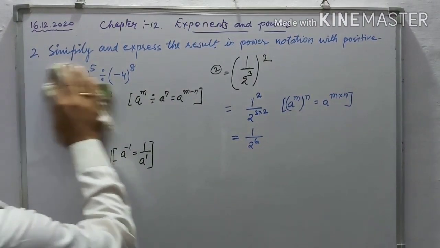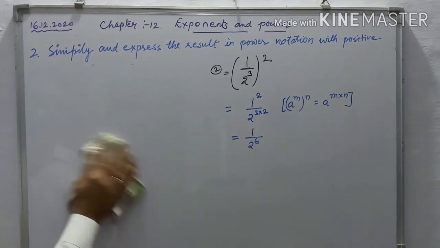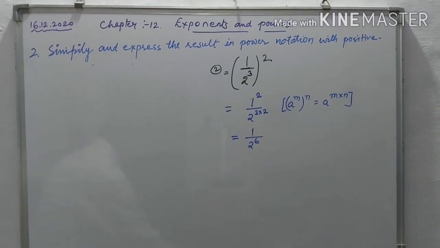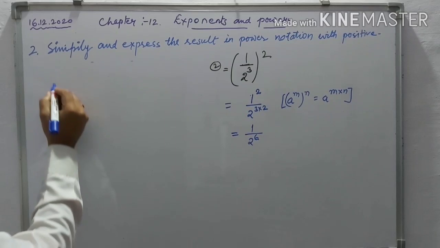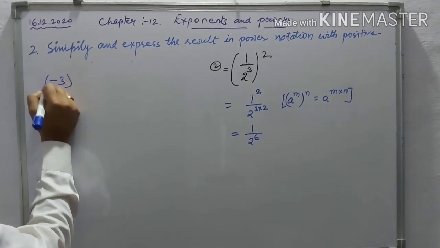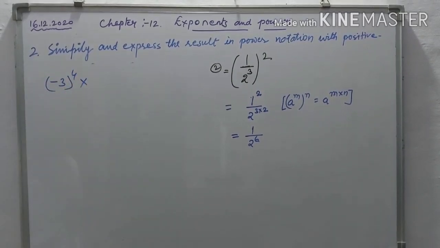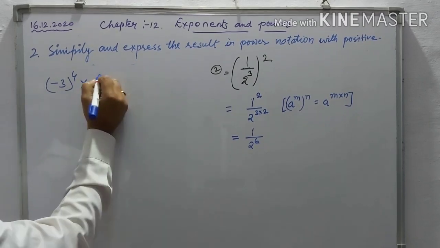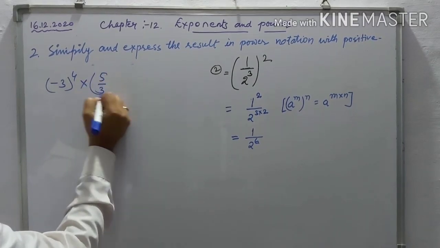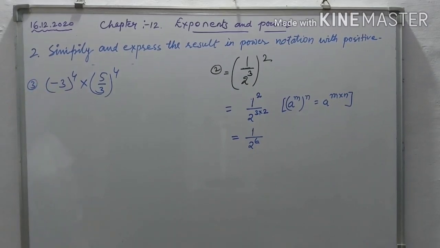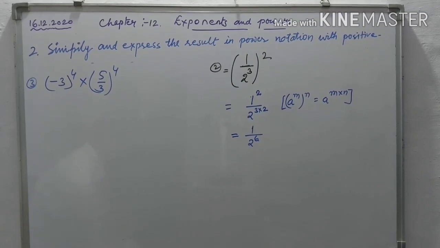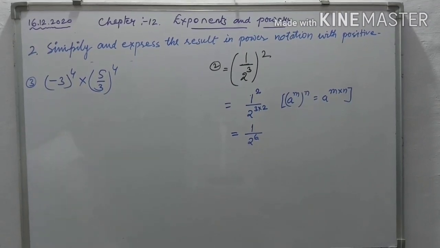Okay, now the third question is (−3 × 5/3)^4.